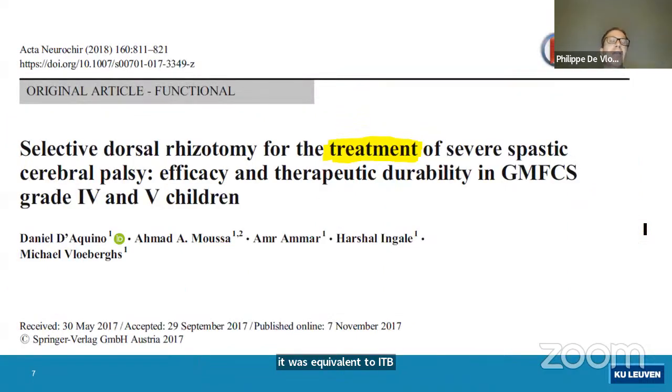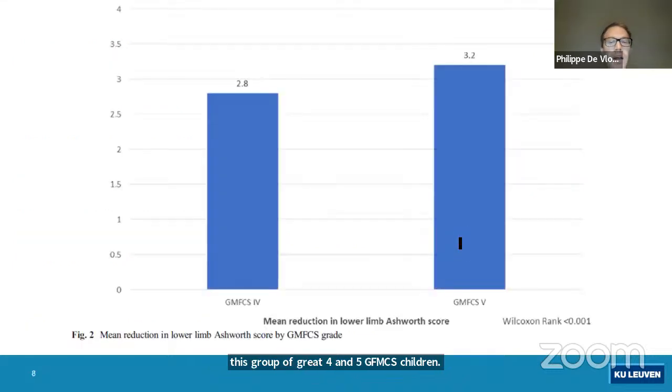Then he carried on, and decided to start off with SDR, not as a rescue treatment for people with ITB complications, but also as a primary treatment in this group of grade 4 and 5 GMFCS children. This is a larger publication from 2018, where he compared the lower limb Ashworth score in 4s and 5s, and this is the reduction after SDR surgery.